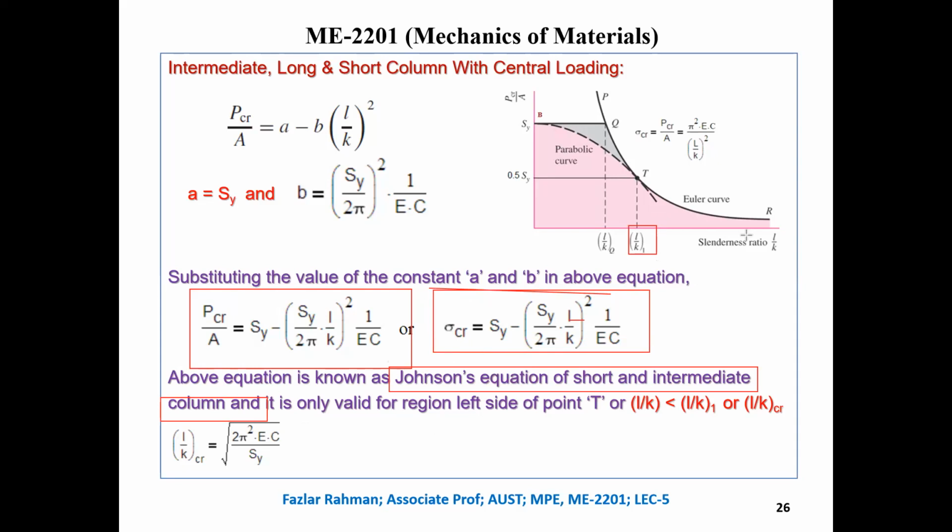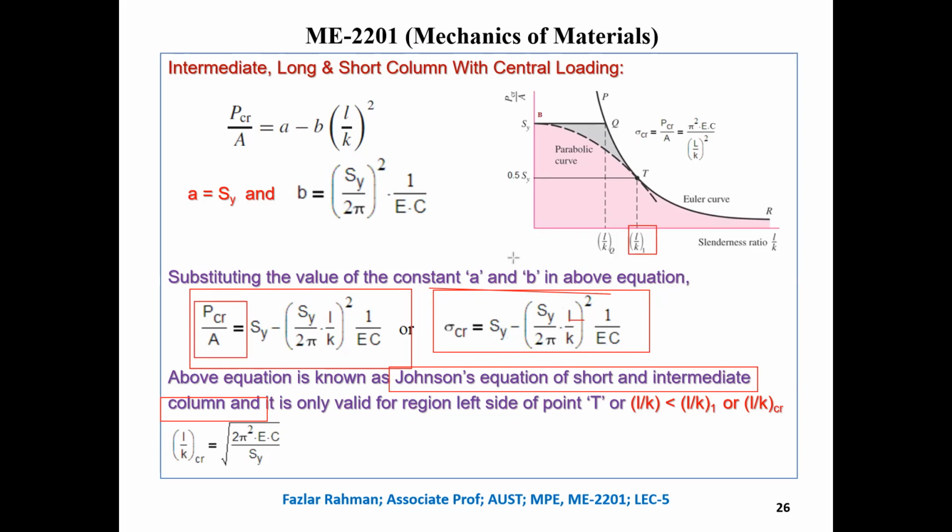But if your radius of gyration gives less than that value, then you know this is a short column, and you need to use this equation. So what do we have in this equation? Sigma critical, meaning P critical by A, equals SY, that means sigma y, minus sigma y squared over 4 pi squared, times L by K, the slenderness ratio, squared, times 1 by E, times C. K is the radius of gyration, and C is the end condition.